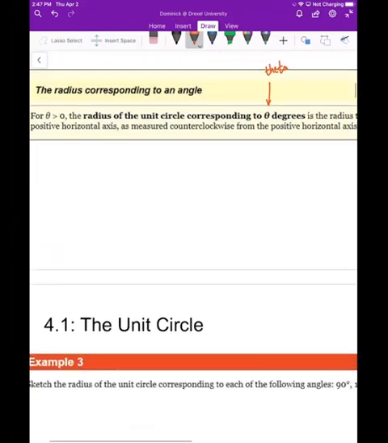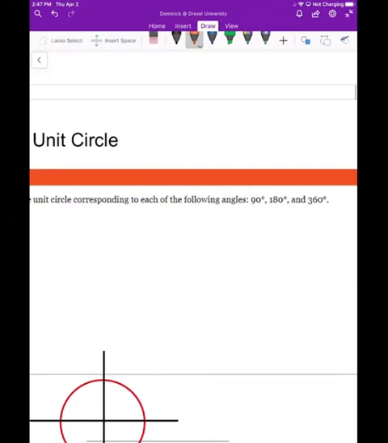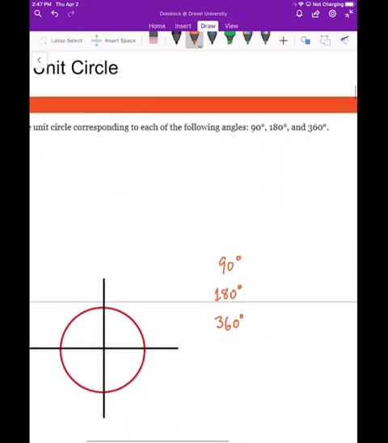Okay, so I want to look at the three angles of 90, 180, and 360. I want to start with 360 because that's probably the one that everybody's most familiar with. We know that 360 degrees is one full circle or one full rotation.